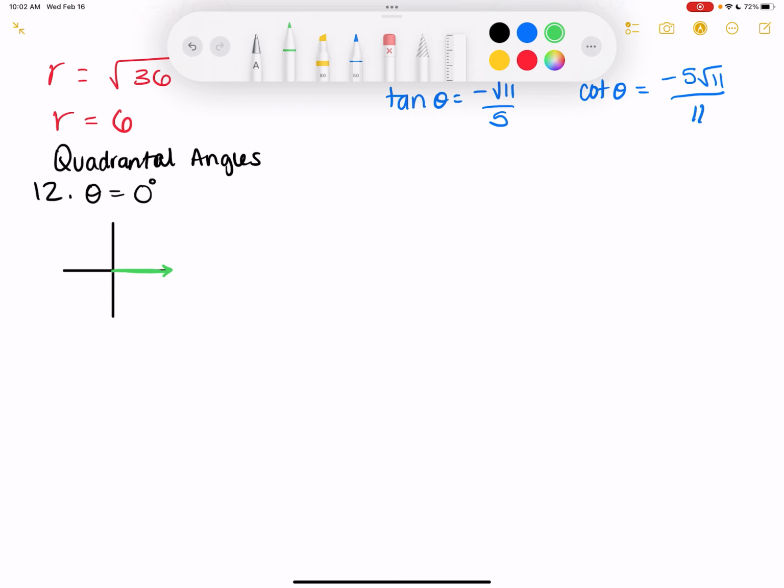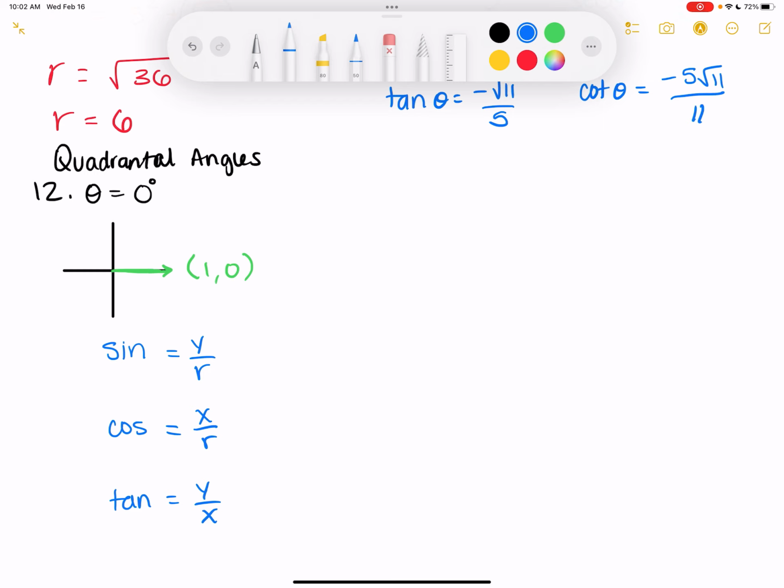So, what are the coordinates of that point? 1, 0. Okay, and then I'm just going to refresh that sine is equal to y over r, and cosine is x over r, and tangent is y over x.